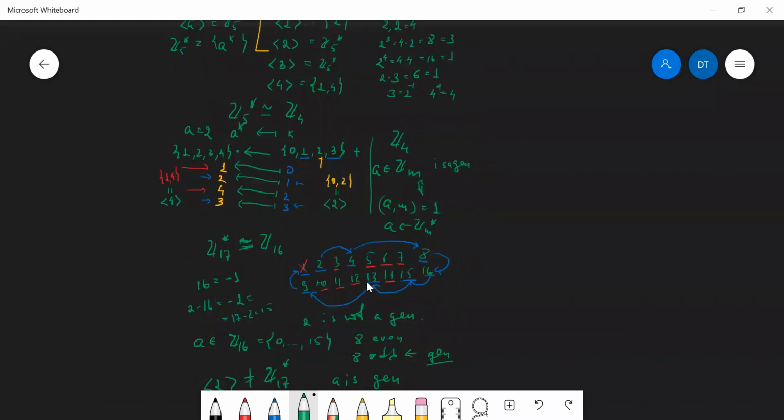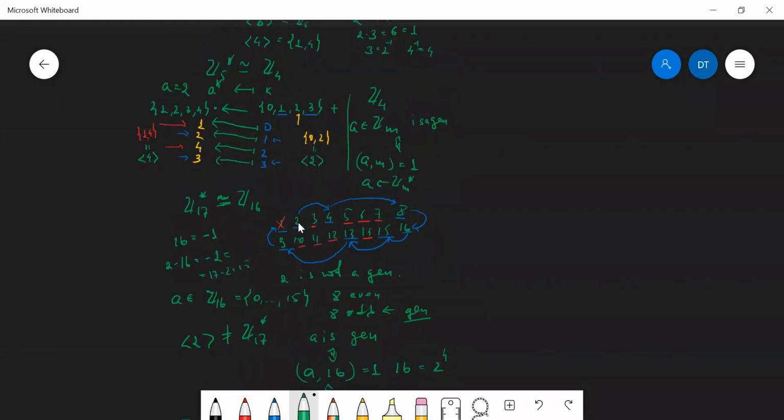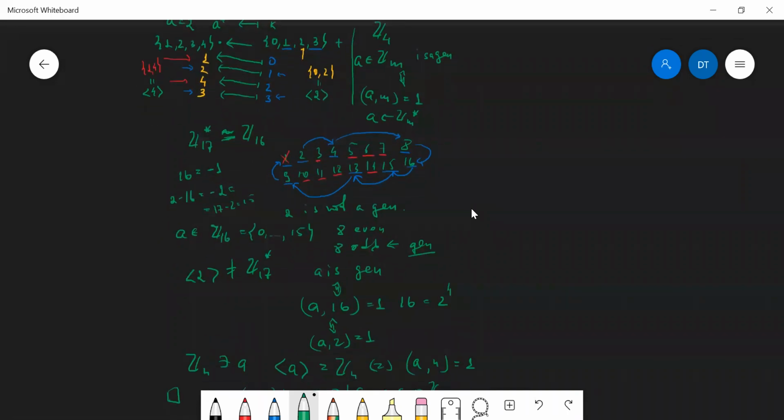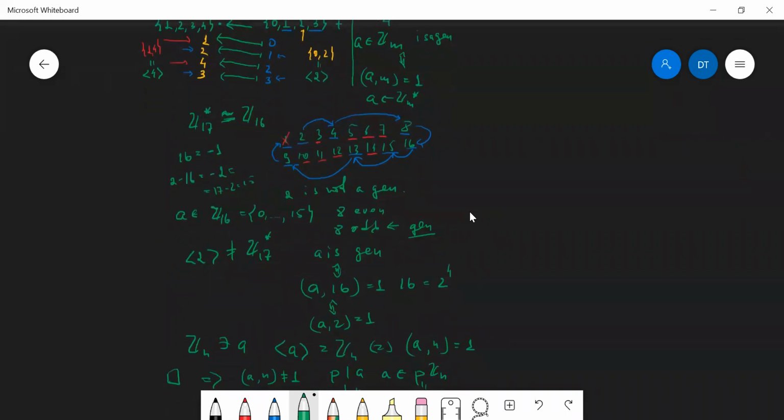In the second case, our first guess wasn't good enough. We didn't get the generator. We got some proper subgroup. But because we know this and some extra computation, we know how many generators we must have here. And it happens that all other elements that are not in our subgroup are automatically the generators.